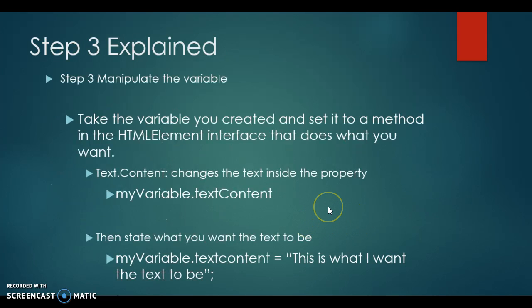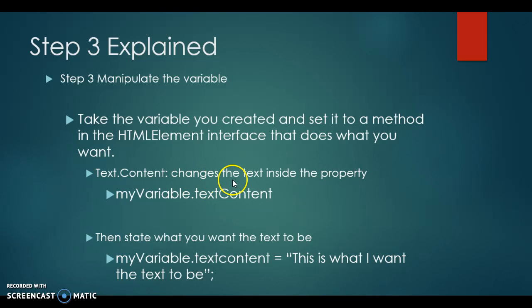All right, so step three, we're going to take that variable and we're going to manipulate it. At this point we need methods in the HTML element interface that do this. One of those methods, and there's a long list of different methods, is textContent.